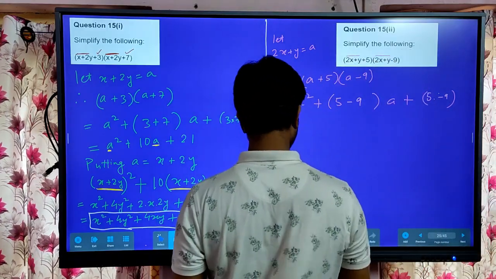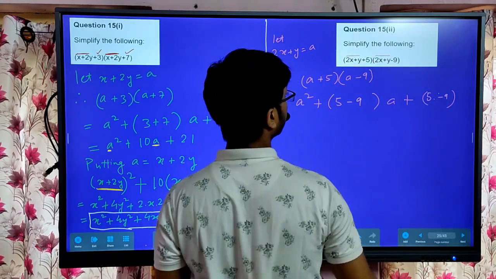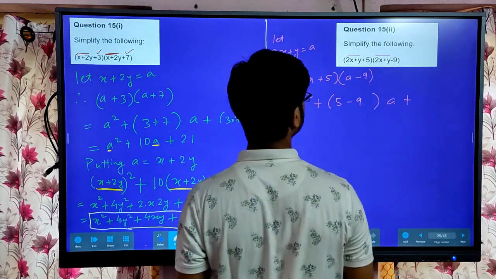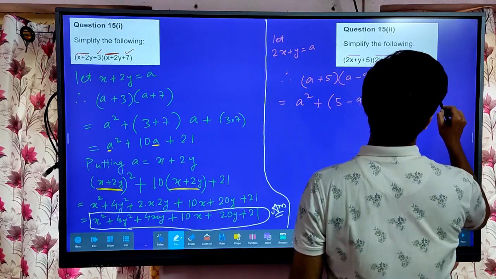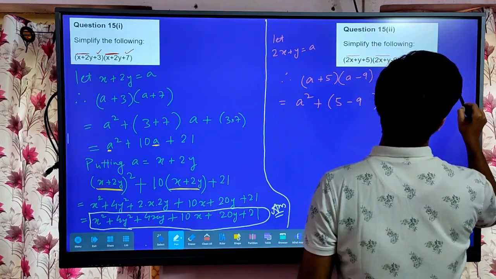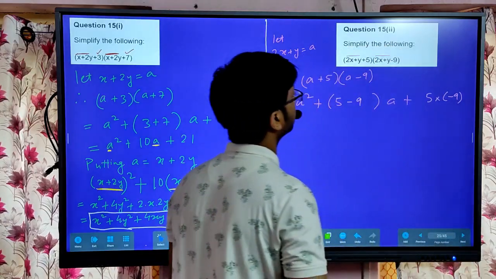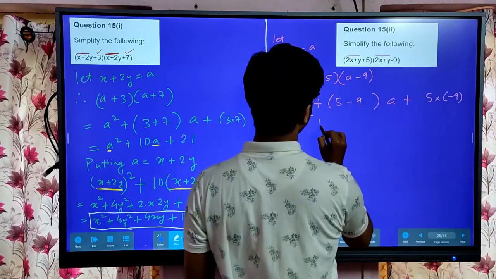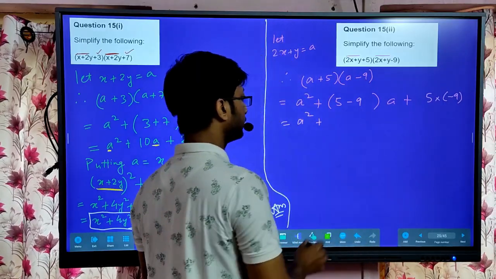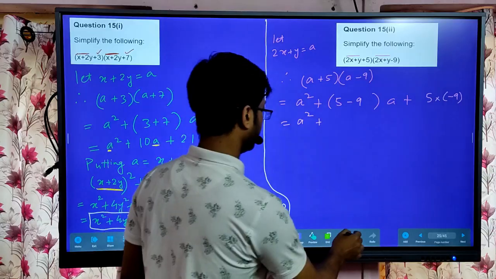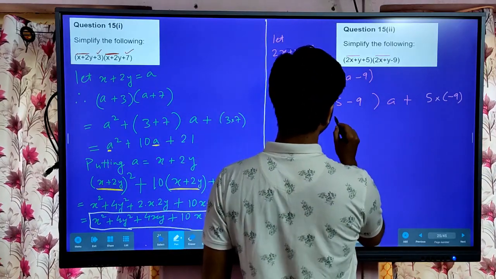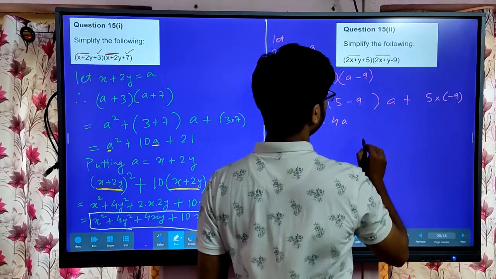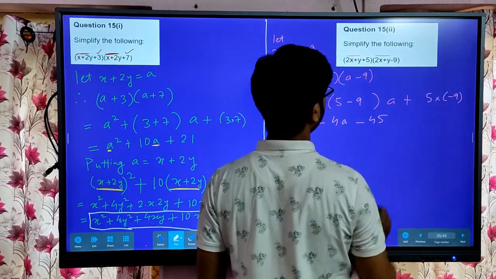Let me write it down properly. So it will be a square, plus 5 minus 9 is minus 4. Minus 4 into plus is minus, so it will be minus 4a, and 5 into minus 9, plus into minus is minus, so minus 45.